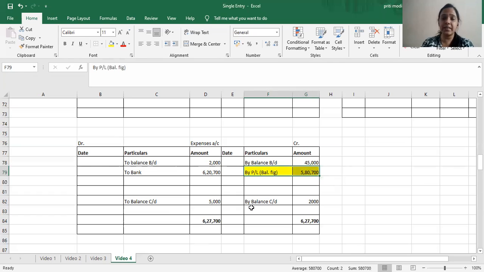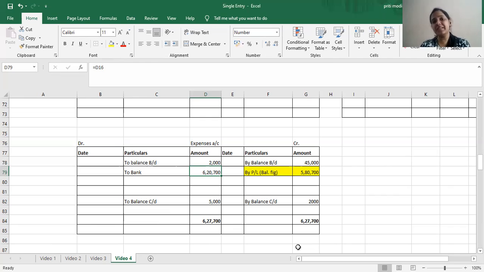See, you paid 6,27,700. This amount you paid during the year, but for the current year, the actual expense is coming to 5,80,700. So this amount will go to our PL account. But how can it be different like this? It can be different because you had outstanding for the last year, which you paid this year. You had prepaid, that relates to current year, but you paid last year.